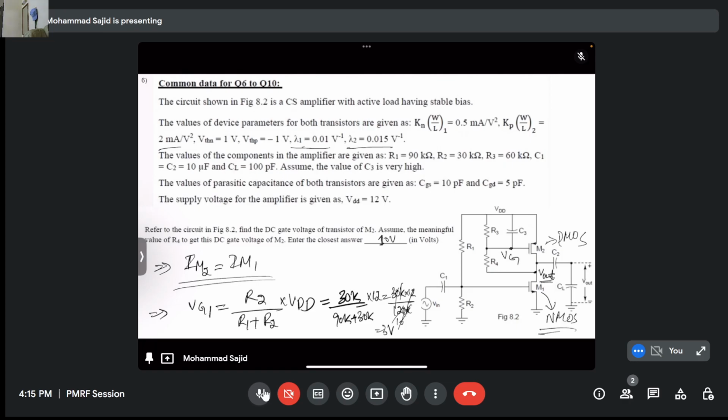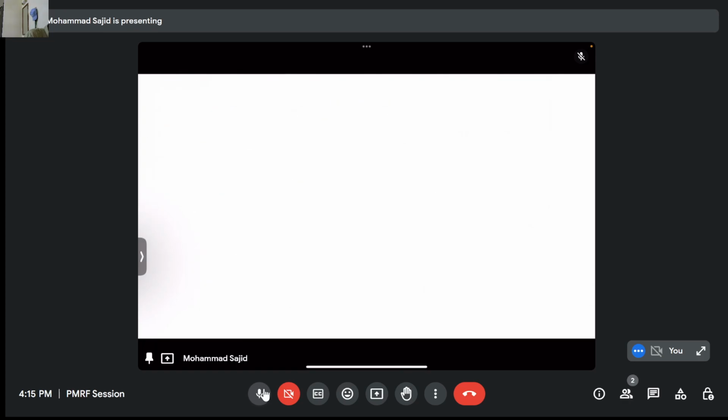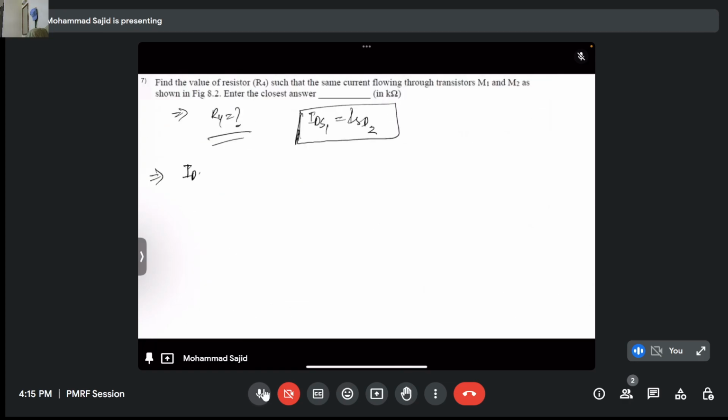So we will take the whole expression, that is IDS will be equal to Kw by 2L times VGS minus VTH whole square, into 1 plus lambda 1 times V out, right? Because it will be VDS.